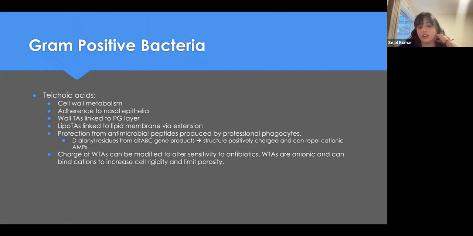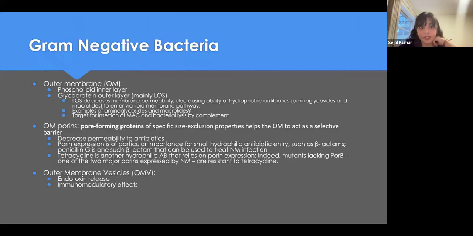And the charges of the wall TAs can also be modified to alter sensitivity to antibiotics this time, not phagocytes, because wall TAs are anionic and they can bind metal ions, basically cations, to increase cell rigidity and to reduce the amount of antibiotic-like molecules that can actually get through. So they're limiting the pores.